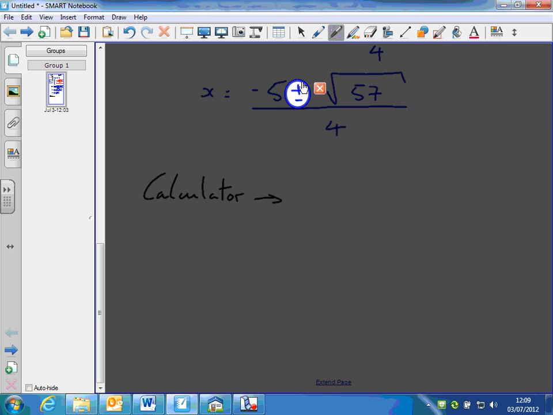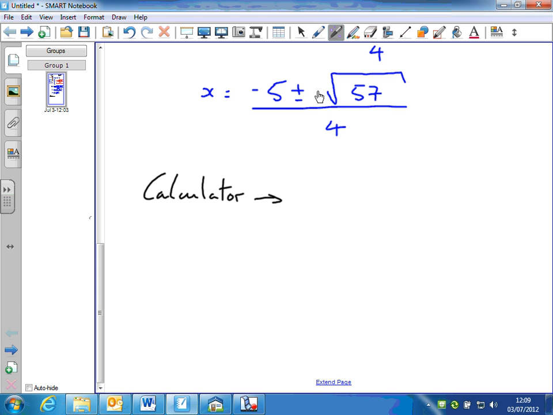If we do it on the calculator, that makes it easy for us. So the first thing we do is minus 5 plus the square root of 57 over 4, and then we work out what minus 5 minus the square root of 57 over 4 is. Remember, in quadratic equations we always get two solutions, and those are the solutions.